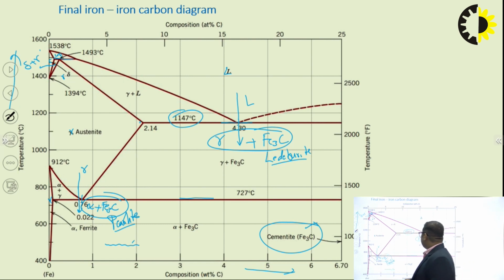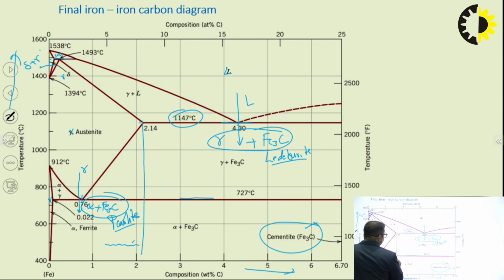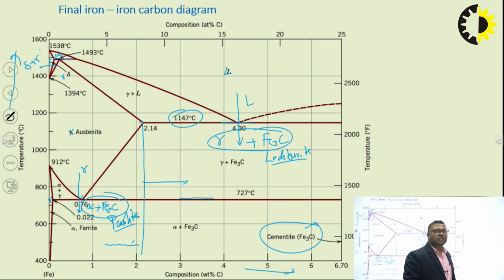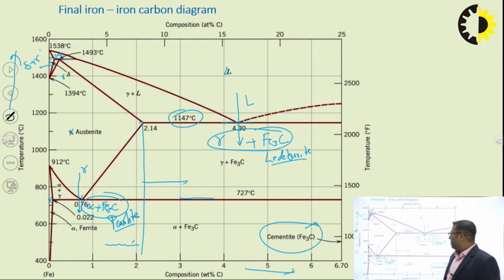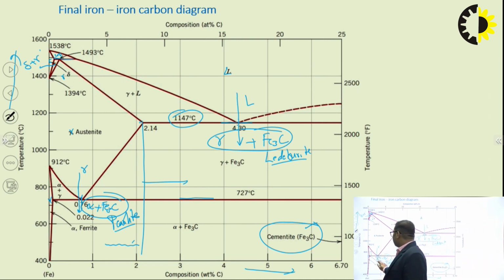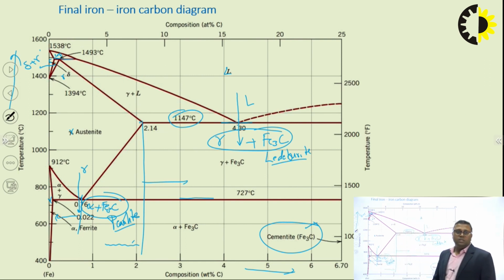You can see here that beyond 2.14% cast iron is there, and below 2.14% we see the steels. Below 0.76%, this type of steel is known as hypoeutectoid steel, and beyond 0.76% and below 2.14% we see the hypereutectoid steels.